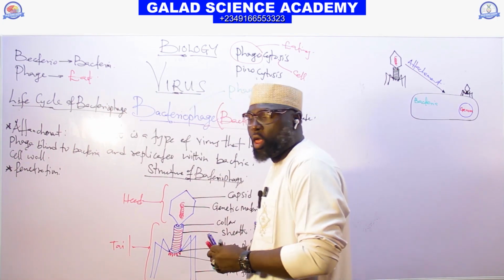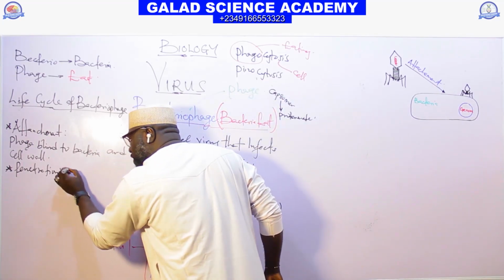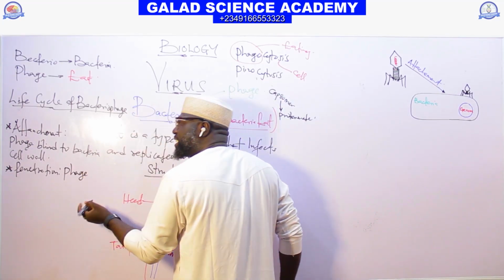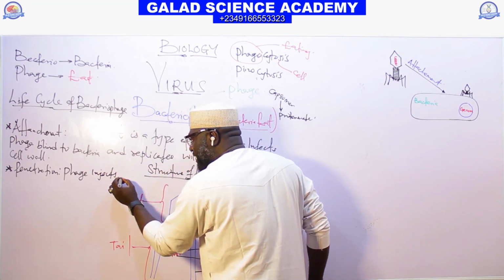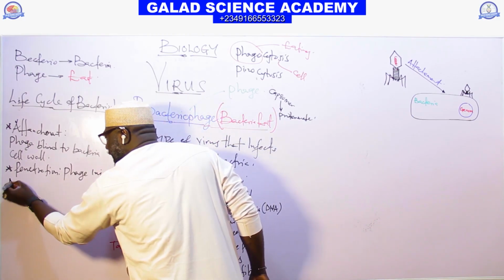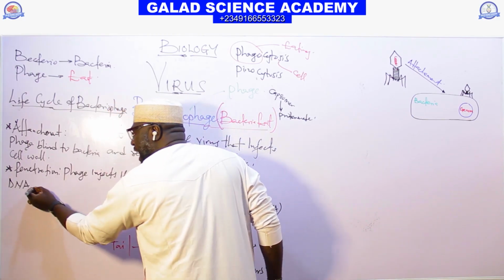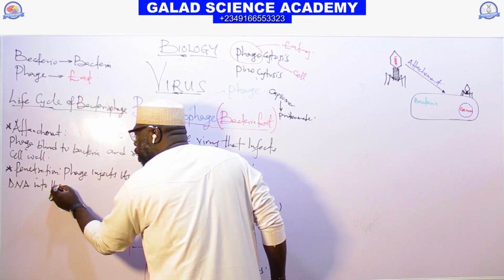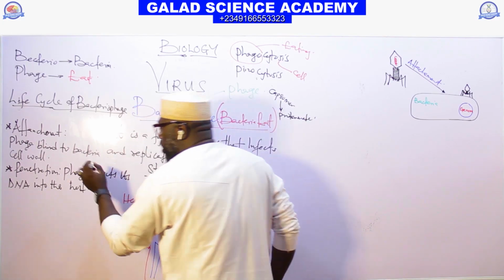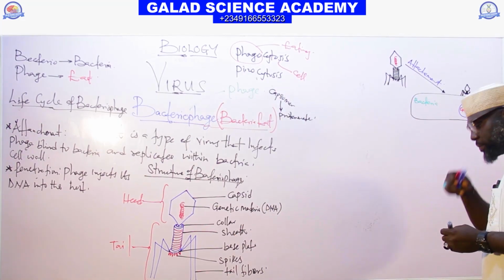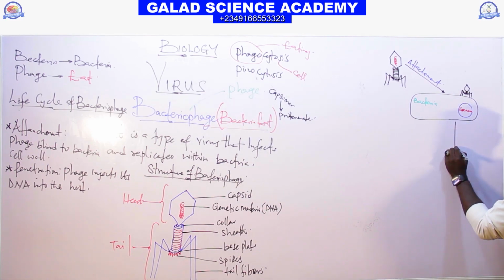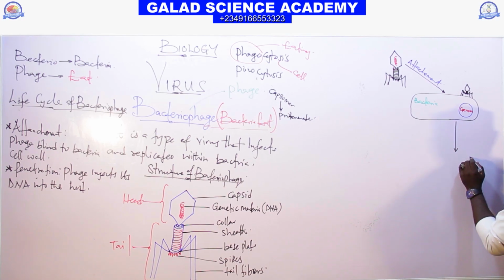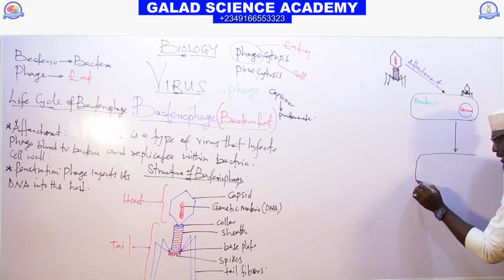What happens in penetration? The phage will inject its DNA or RNA into the host. So when the virus gets to this side, the next stage for it to undergo is to inject.